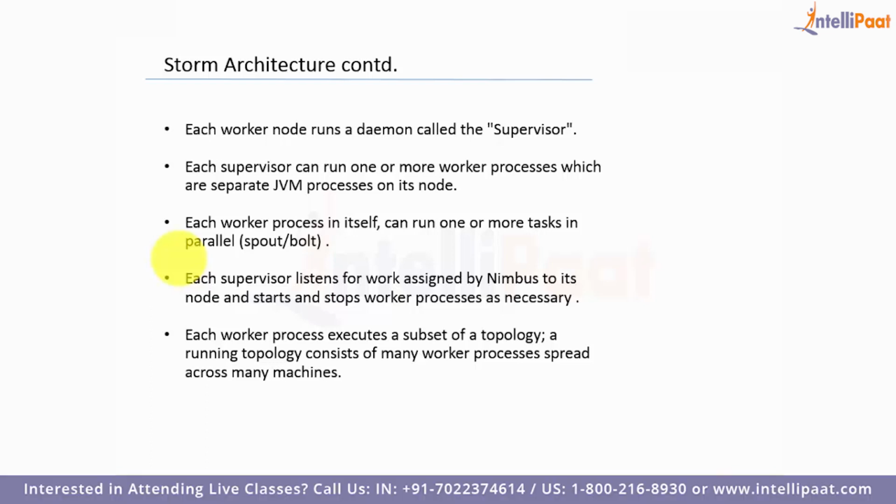Each supervisor listens for the work assigned by Nimbus to its node and starts and stops the worker processes as necessary. Please mind that Nimbus is the daemon or process which is running on the master node. Also, each worker node process executes a subset of a topology. A running topology consists of many worker processes spread across many machines.